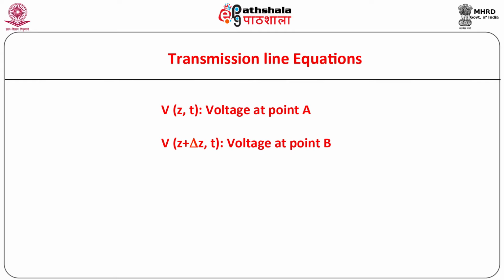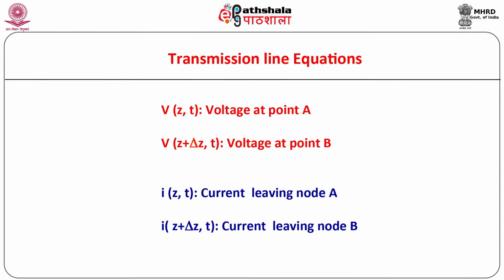Let V(Z,t) and V(Z plus delta Z,t) be the voltages at points A and B respectively with respect to the lower conductor. Let I(Z,t) and I(Z plus delta Z,t) be the currents leaving the nodes A and B respectively along the transmission line.